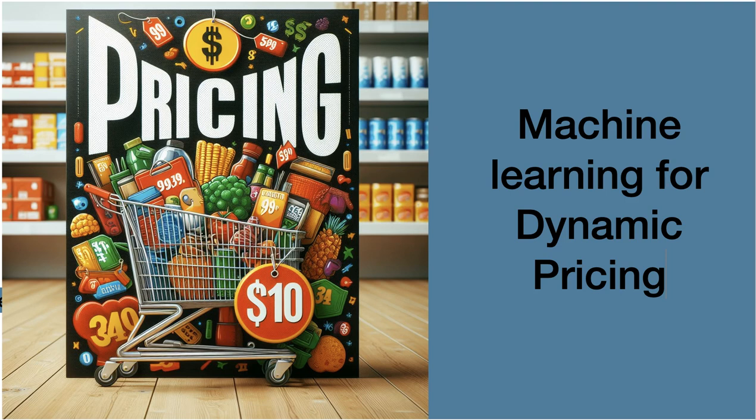3. Competition. Pricing decisions can also be influenced by the competitive landscape. Traditional methods may involve monitoring competitors' prices and adjusting prices accordingly to remain competitive. For example, a retailer may lower prices if a competitor offers a discount on a similar product to attract customers. 4. Market appetite.